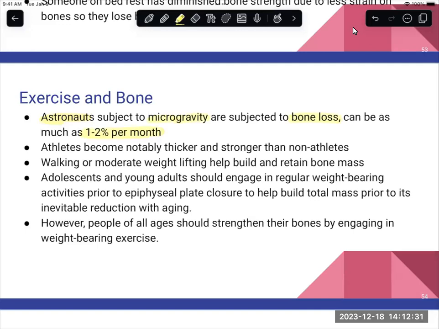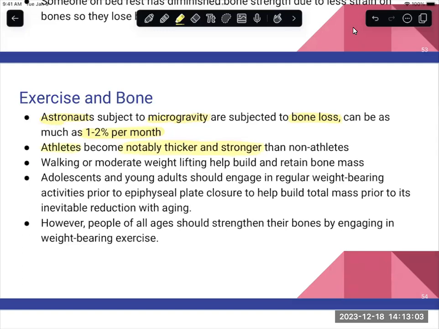There's less gravity pushing down on them, so they're not using their bones and their muscles in the way that they would under the normal gravity that we have here on Earth. Athletes, their bones are much thicker and stronger. Just by walking and just some moderate weightlifting can help retain your bones.